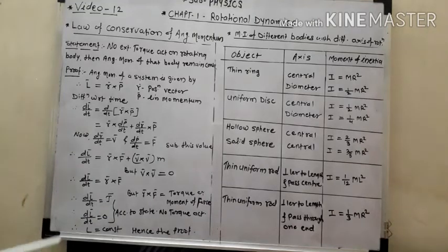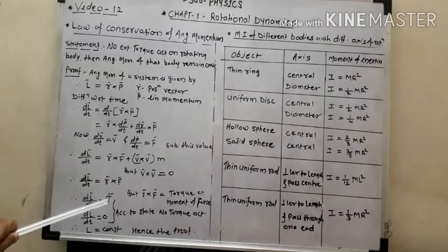And also we know the property that the derivative of a constant quantity is equal to 0. That means the differentiated quantity, that L̄, should be constant, and therefore the angular momentum of that body remains constant only when the torque acting on that body is equal to 0, and this is the proof of the law of conservation of angular momentum.